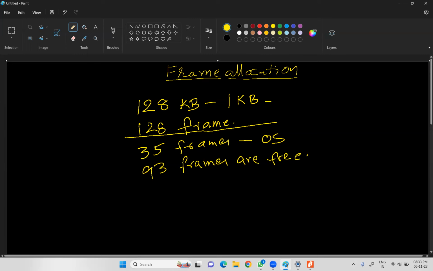Whereas in demand paging, the frames have been allocated to different kinds of processes, and the number of processes that have not been allocated frames is large, so the throughput of the CPU is reduced. For example, if one process requires 25 frames, 25 frames will be allocated by paging. Some other process requires 100, so 100 will be allocated to that process so that it gets executed.